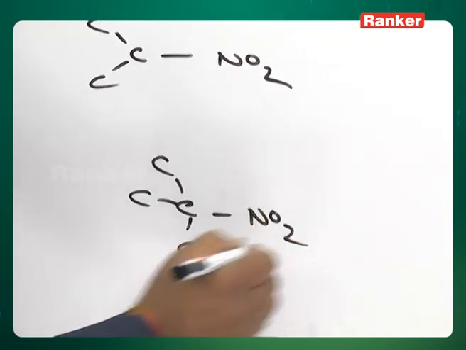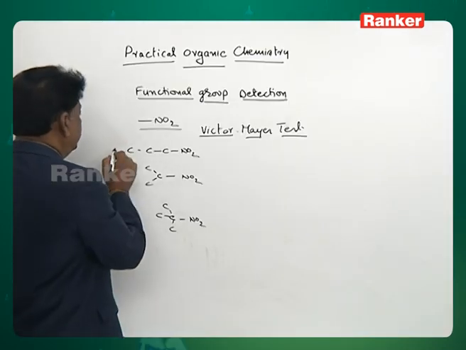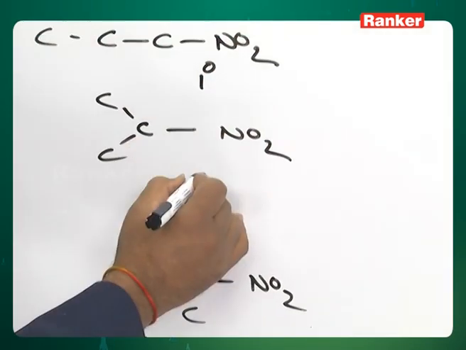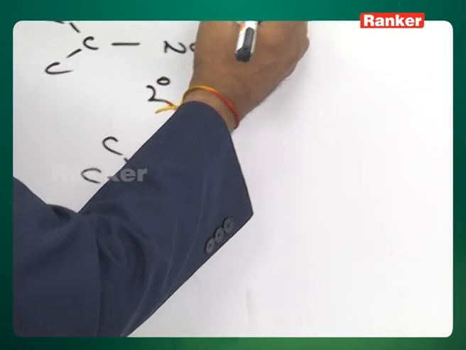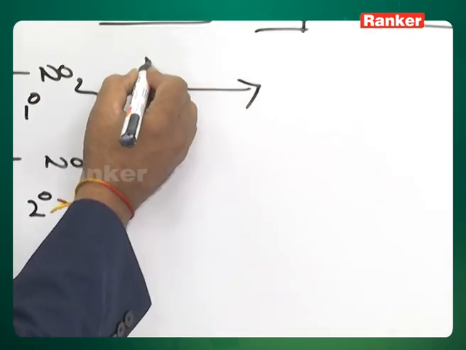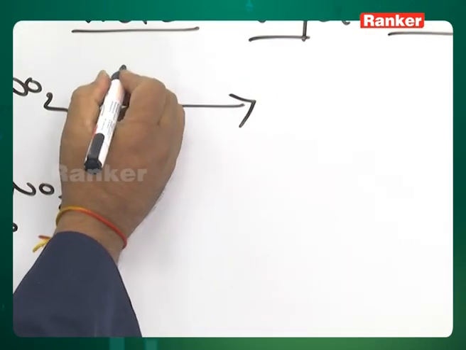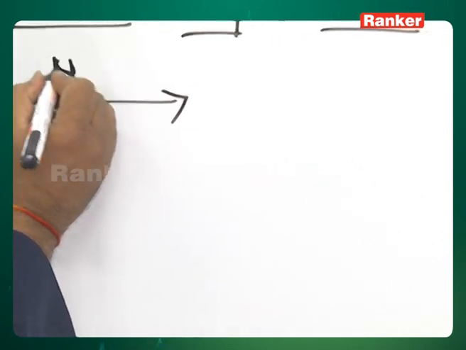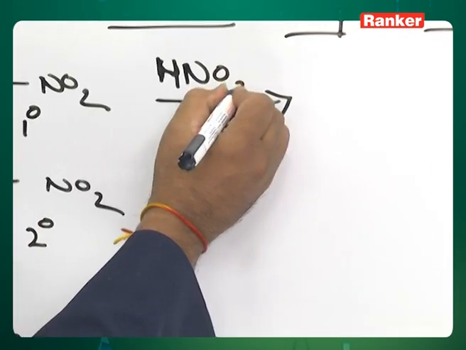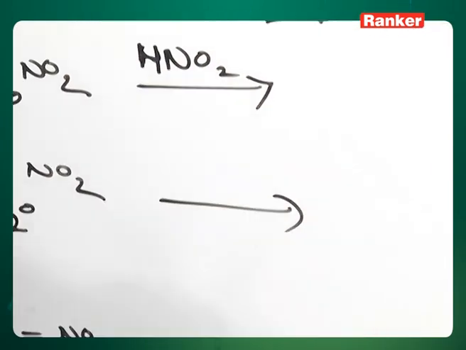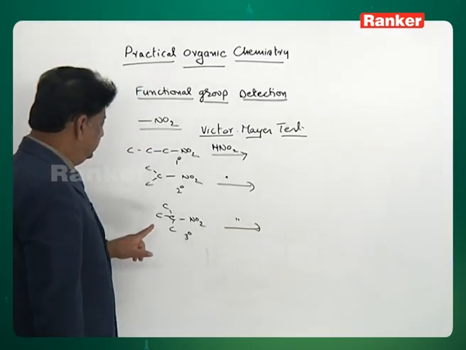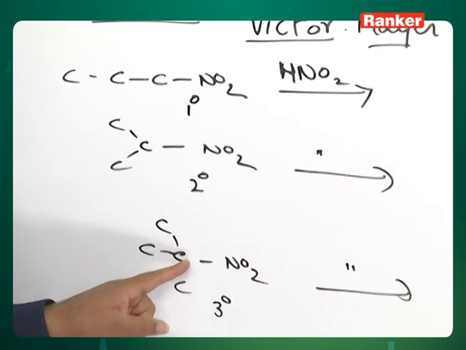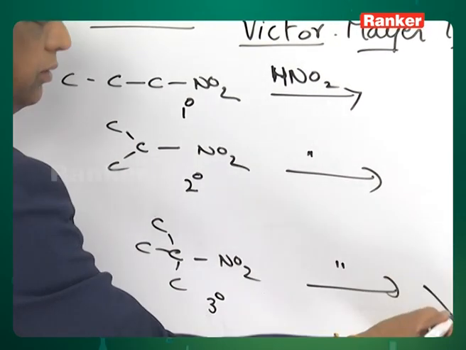All 3 varieties of nitro compounds, if you take, add first nitrous acid HNO2. For all the 3 you add the nitrous acid in step 1. The tertiary, because there is no hydrogen, won't react at all.